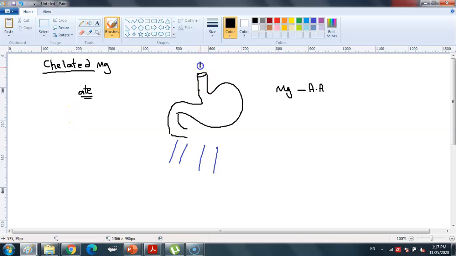After taking the chelated magnesium tablets, it will go to the stomach. The chelated magnesium is very stable. That would not be affected by the stomach acidity, and it will reach this site intact. What does that mean?